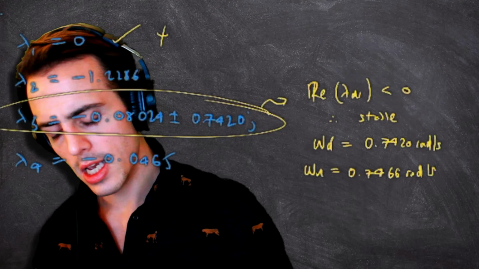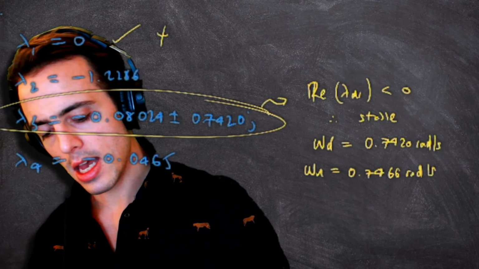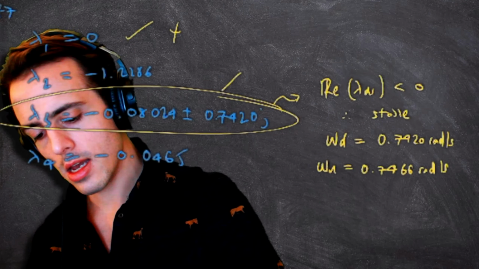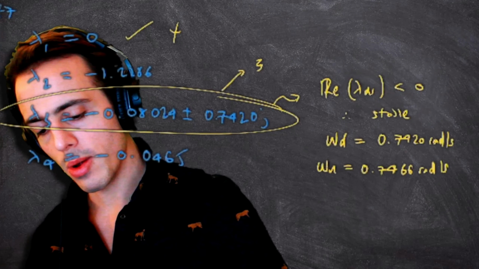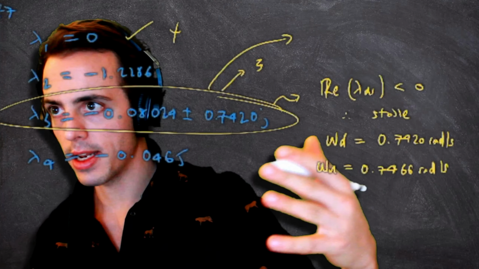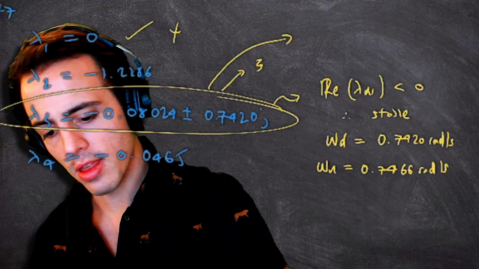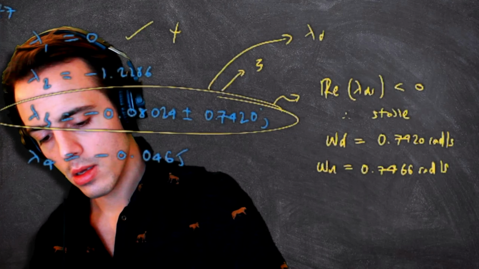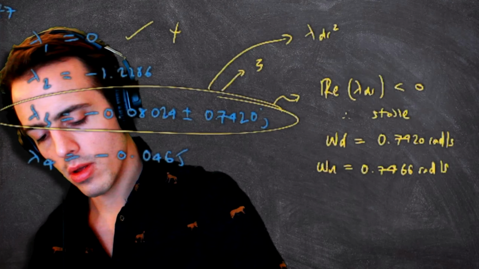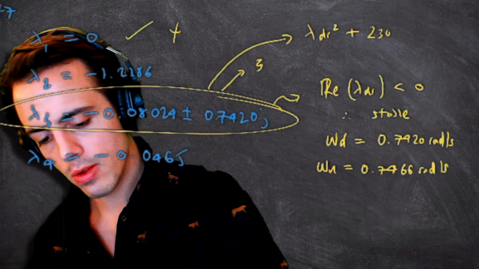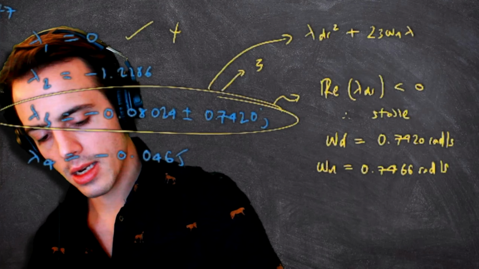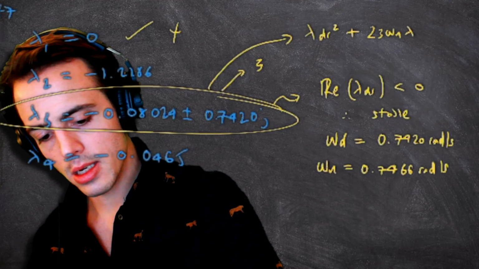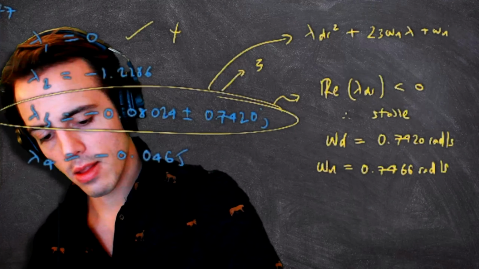If you wanted to get the damping ratio, we would take this and expand it out, and compare it with the standard form, which is lambda squared plus 2 zeta omega n lambda plus omega n squared.